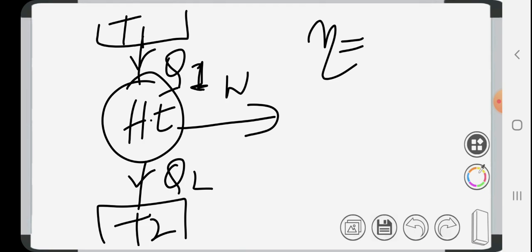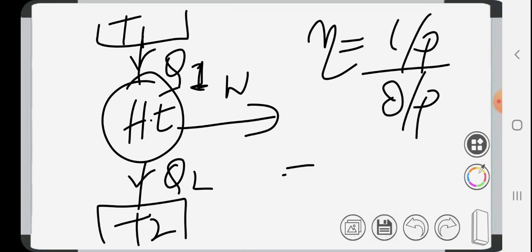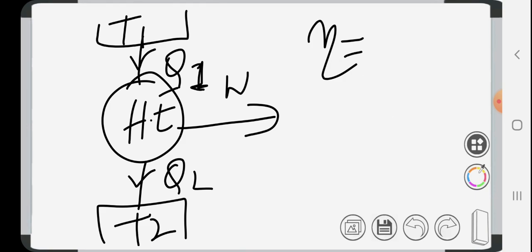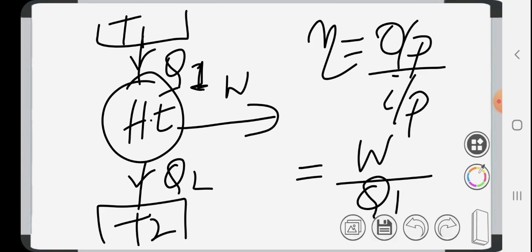Thermal efficiency equals output by input. Our output is nothing but work, input is heat Q1.